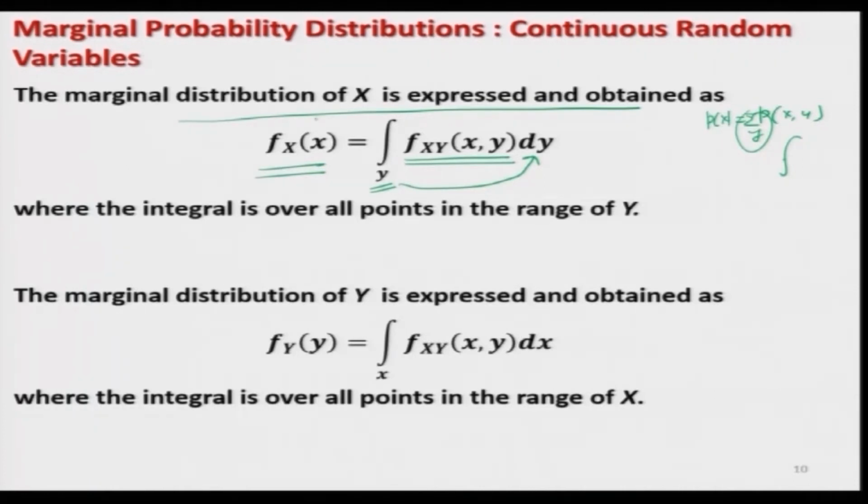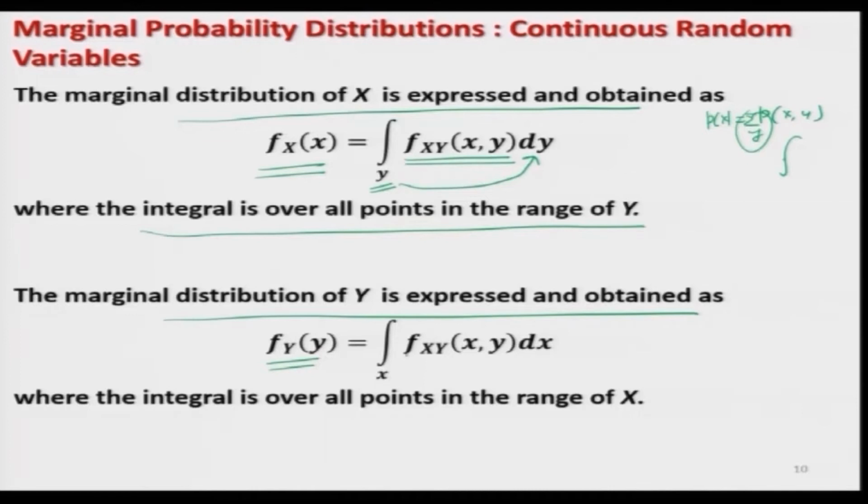This is how you can remember whether you want to integrate with respect to x or with respect to y, because many times students get confused. In this case the integral is over all the points in the range of y, and similarly if you want to define the marginal distribution of y, it is the integral over the joint PDF, but now the integration is with respect to x.